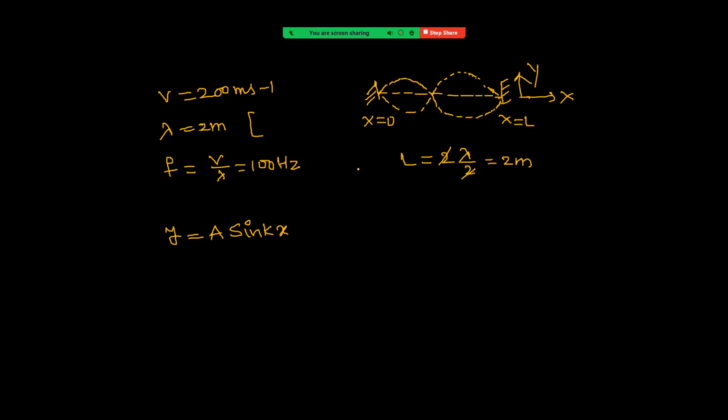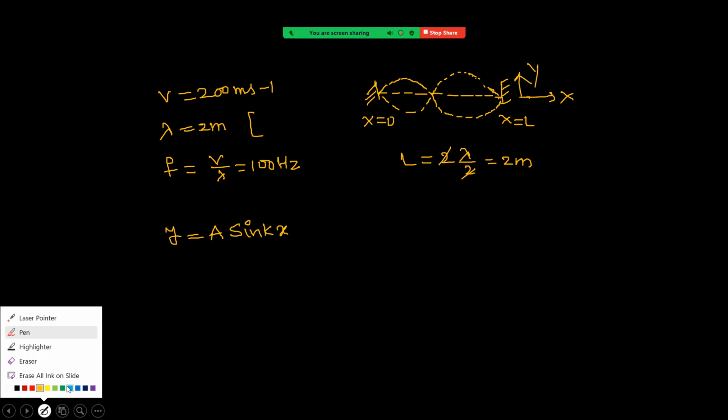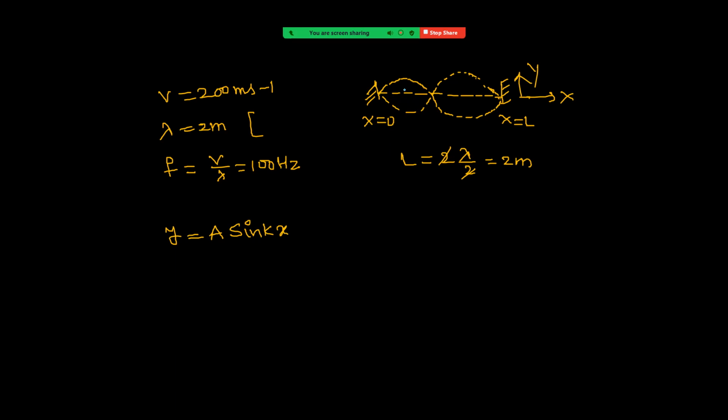Now see carefully, x equal to 50. I will show it here by taking a different color. This is x equal to 100 centimeter, and this is x equal to 50.